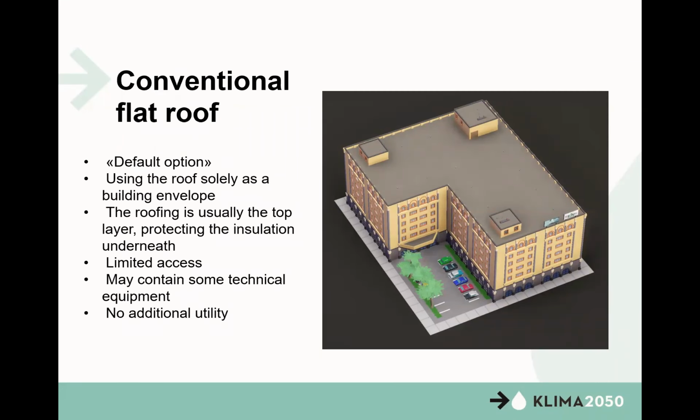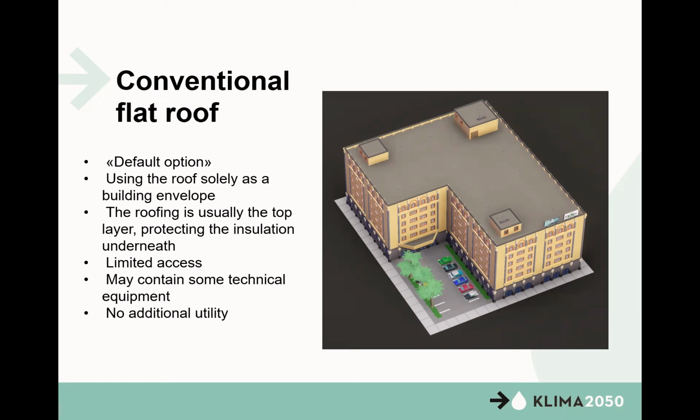To start with, we can look at a conventional flat roof, which is sort of the default option for a building. It's what the contractor will build if you ask for nothing else. This is where the roof is used solely as a building envelope. Usually the roofing layer is the top layer. It can have insulation above there as well, but that's not a special thing.